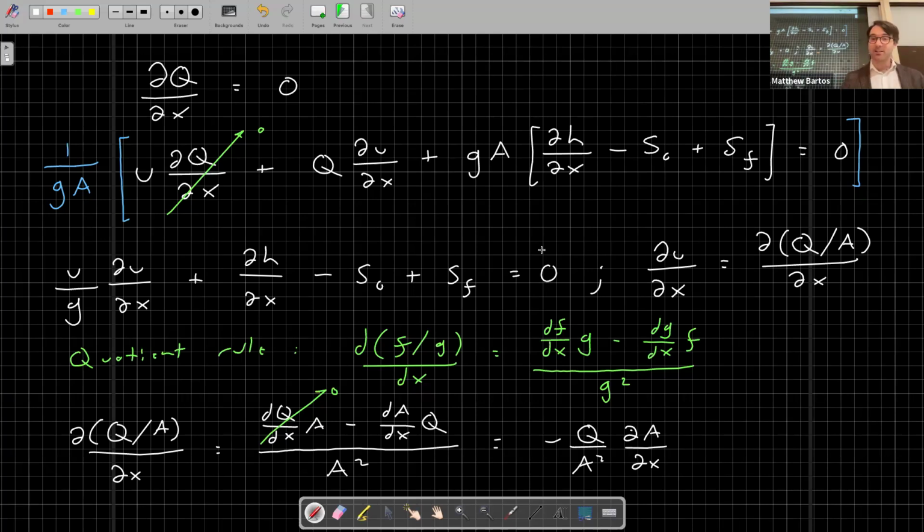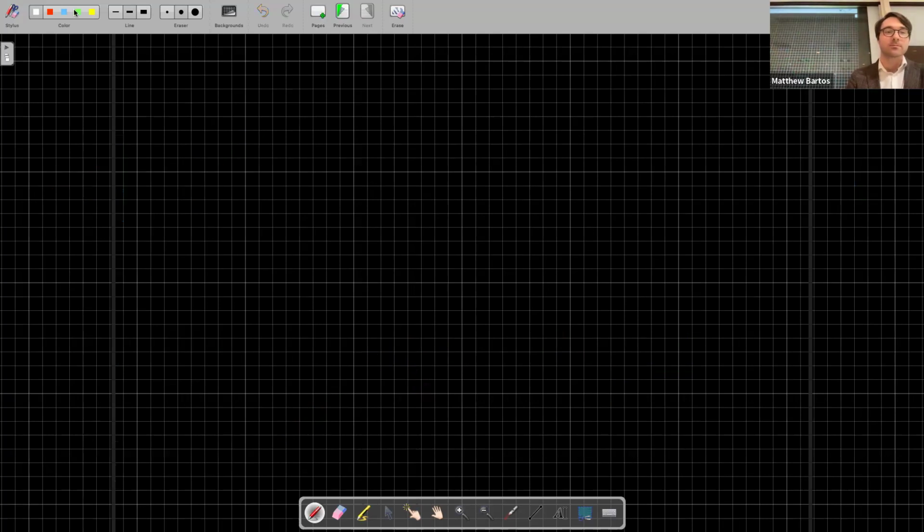I'm going to apply another calculus rule. I'm going to look at this dA/dx term, and I'm going to apply the chain rule. So dA/dx is equal to dA/dH times dH/dx.